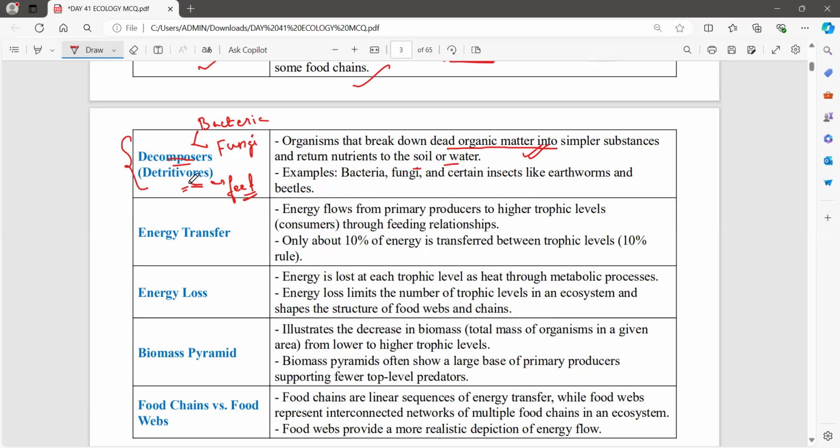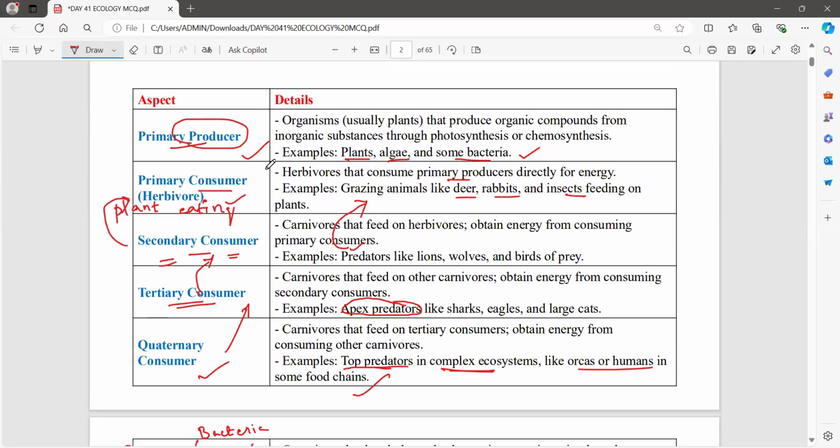So this is the minute difference between decomposers and detritivores, right? Next, energy transfer. We have studied that the primary producer has the capacity to synthesize its own food materials from this.